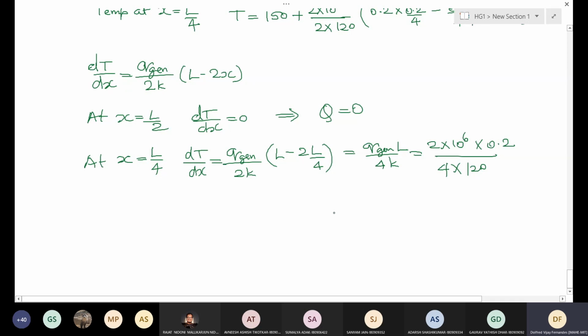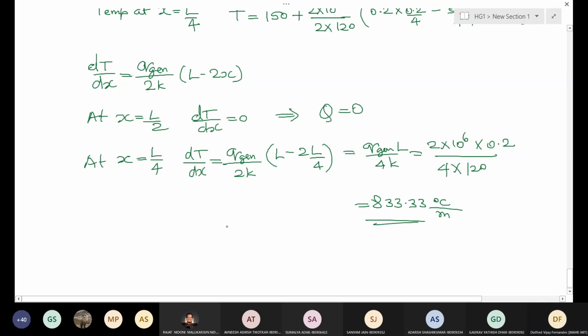So 833.33. 833.33. What is this? dT by dx, so degrees centigrade divided by meter.